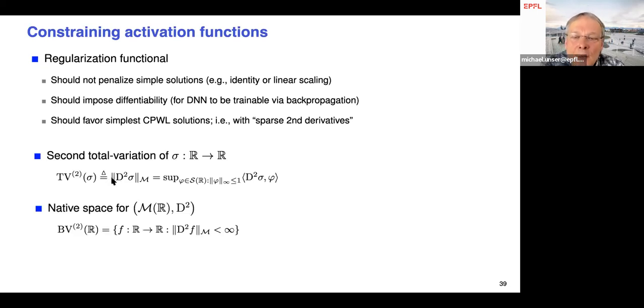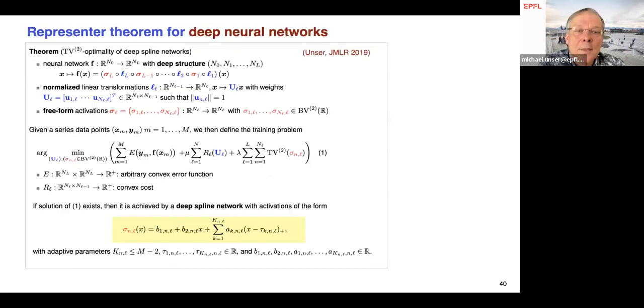And so therefore, we actually choose to optimize the M norm of the second derivative of the activation. And then you can define a corresponding Banach space that fits exactly the theorem that I presented to you. And then you get this theorem here, which is what I call the representer theorem for deep neural networks.